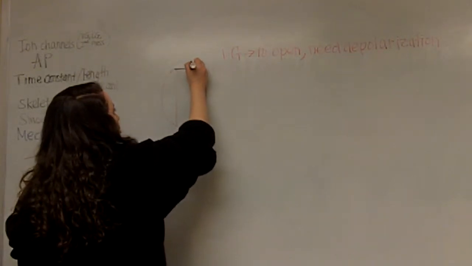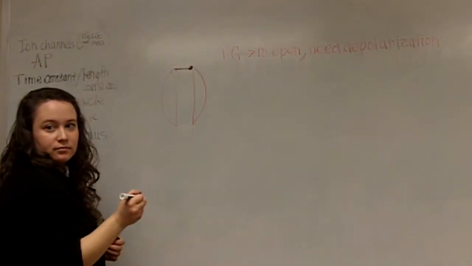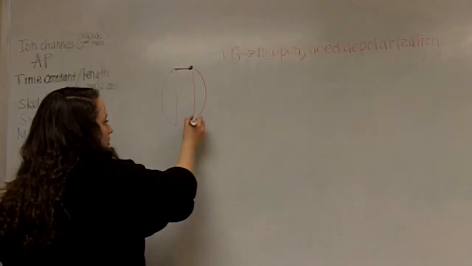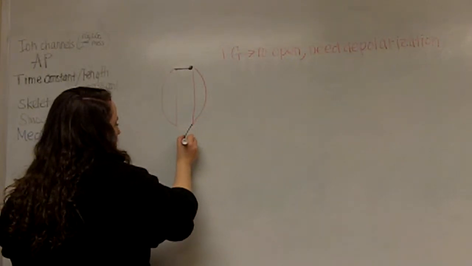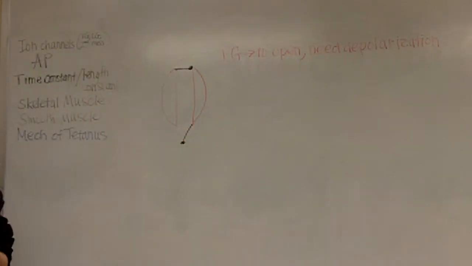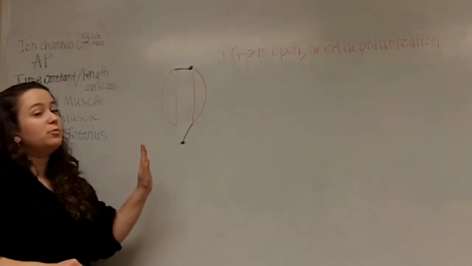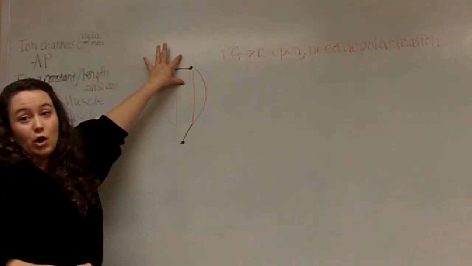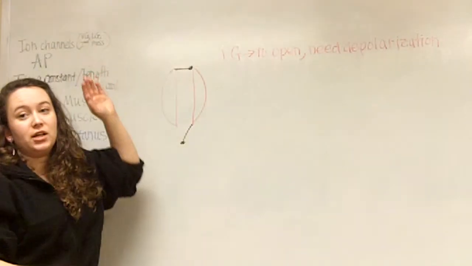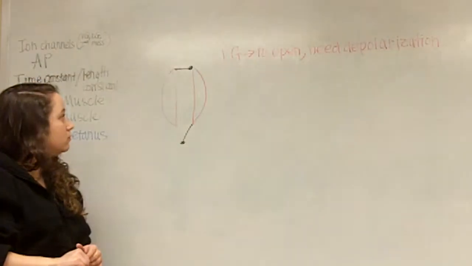We're not depolarized, so it's shut. But your inactivation gate doesn't really need to be shut, so it's open, just at normal conditions. So when you depolarize, the activation gate is going to open. It's normally closed.